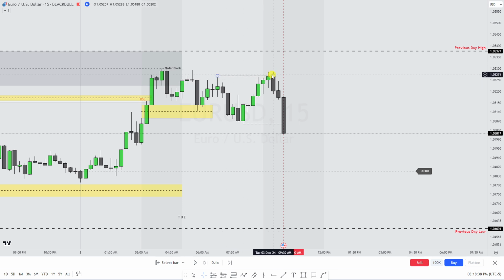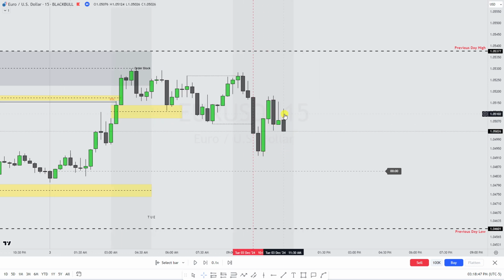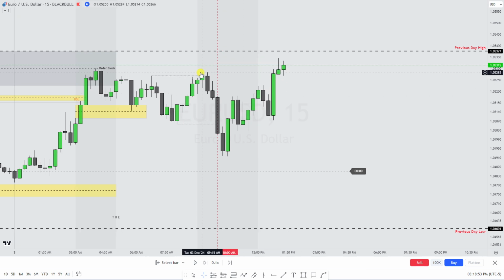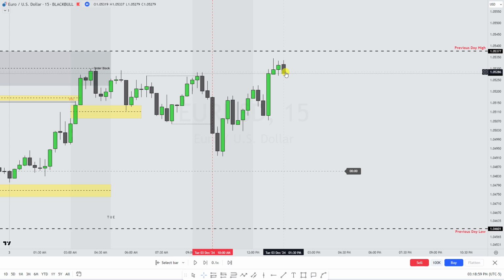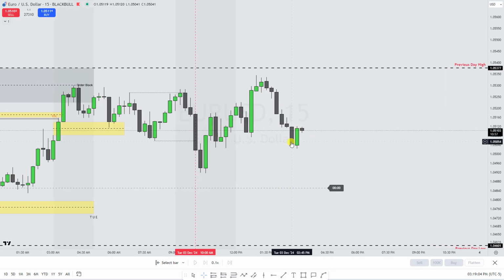Liquidity was swept above here, and then the market reversed to the downside. And then after reversing to the downside, the market changed direction again and pushed into the upside. We actually took out this high. We also took out the London high over there. And right now, this is where we are.